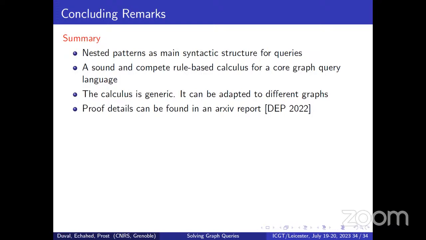We give a complete rule-based calculus. The calculus is generic in the sense that it can be adapted easily to any notion of graph. We just have to define the interpretation of the graph query algebra, and the proof details can be found in our archive report.